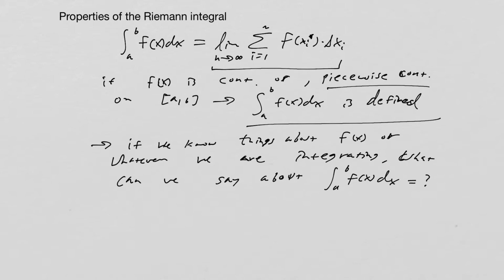Are there estimates we can make and things like that? So what we're going to do is just list off a set of these basic properties.